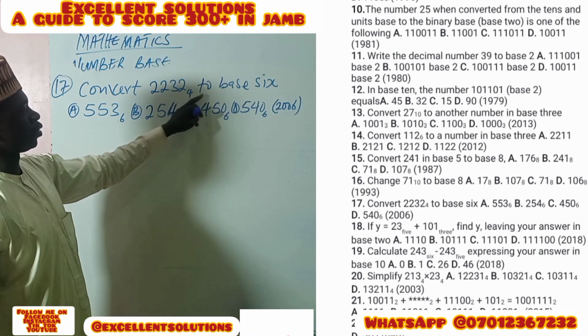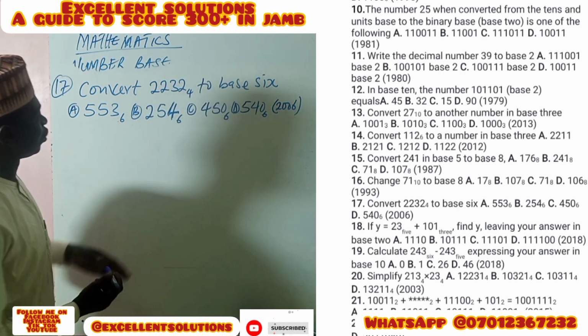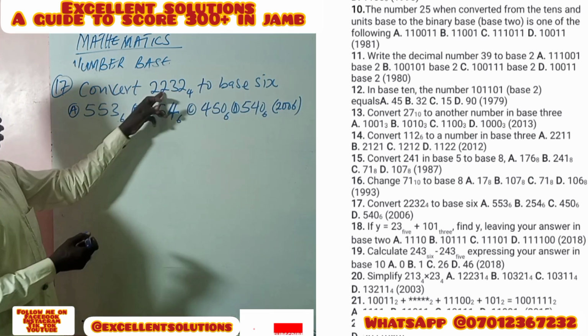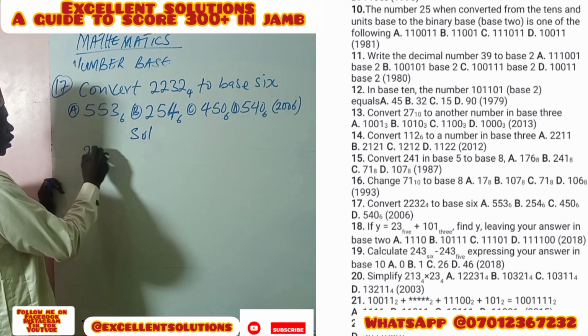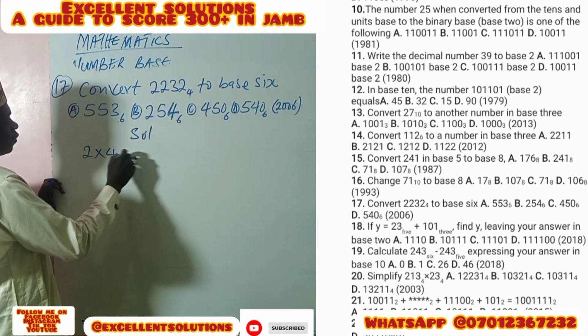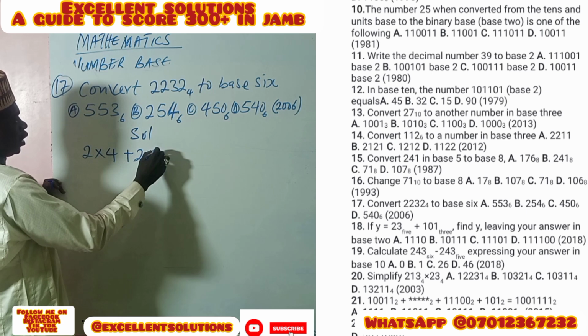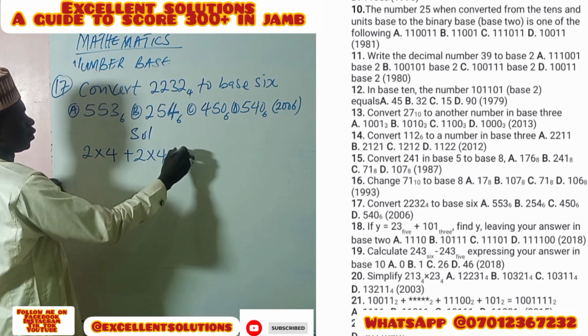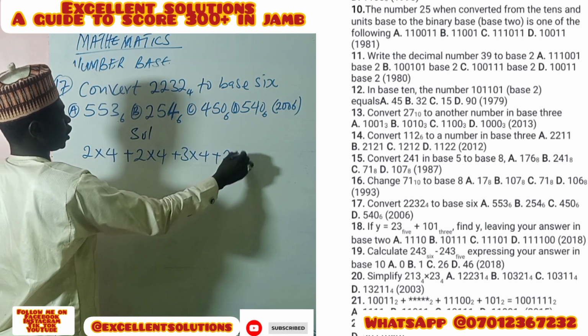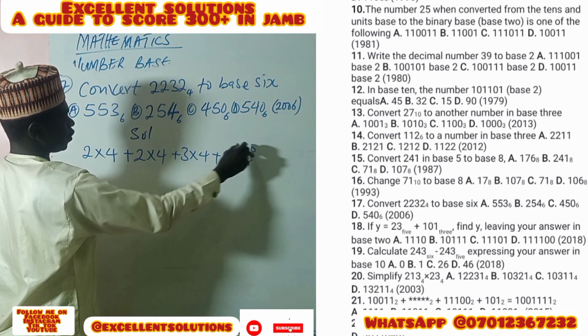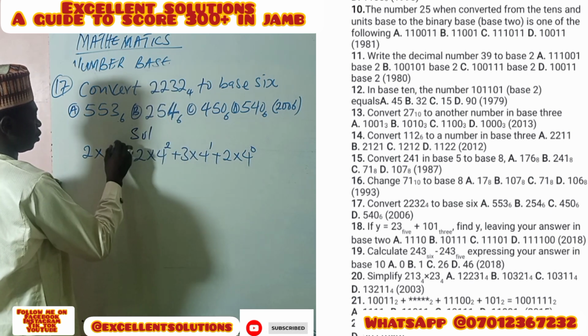Question 17 says convert 2232 base 4 to base 6. So this one, we first convert this to base 10. We are going to have 2 times 4 plus 2 times 4 plus 3 times 4 plus 2 times 4, and we give this power 0, 1, 2, 3.